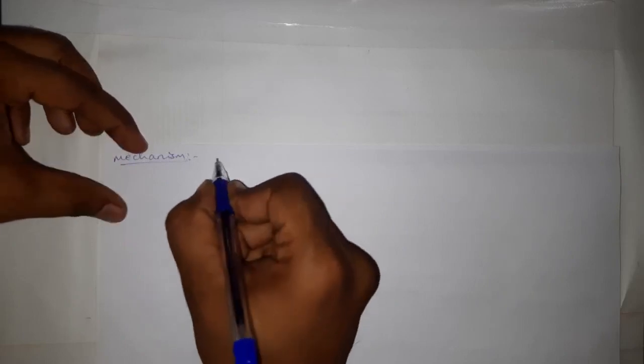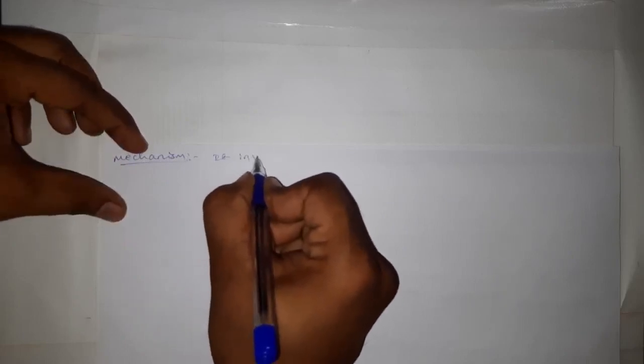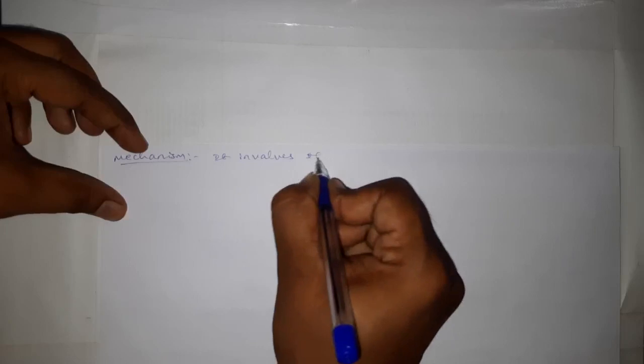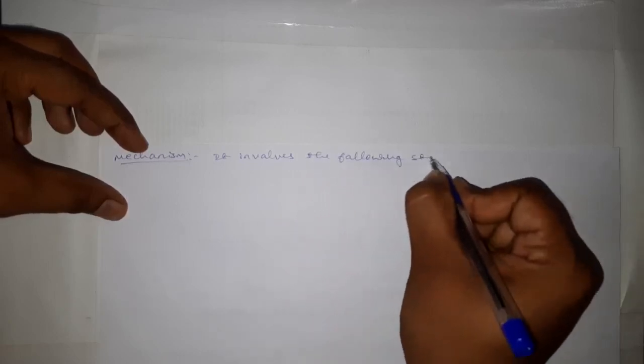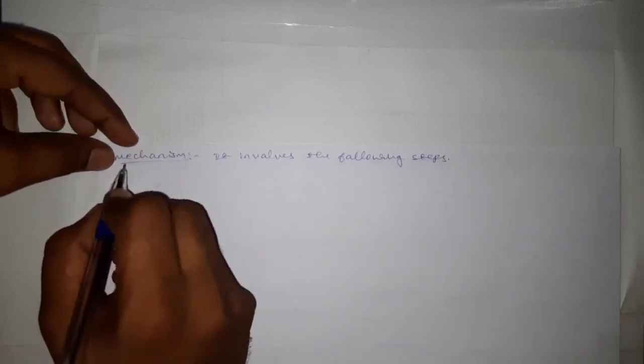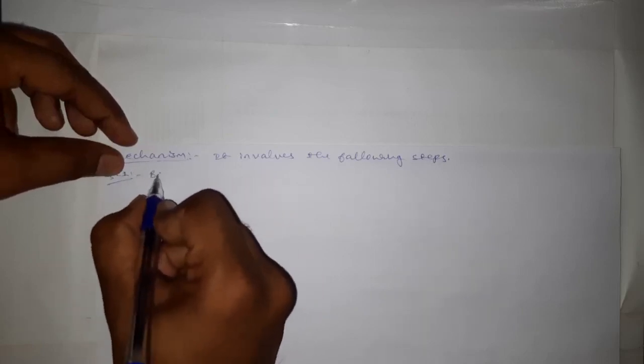Reaction mechanism. The reaction mechanism of Gabriel phthalimide reaction involves the following steps. Step number 1 is what?